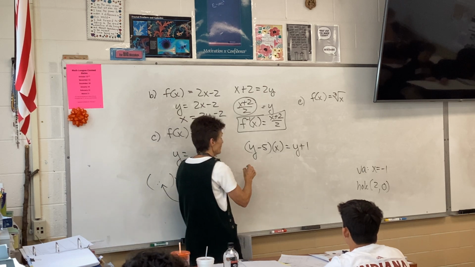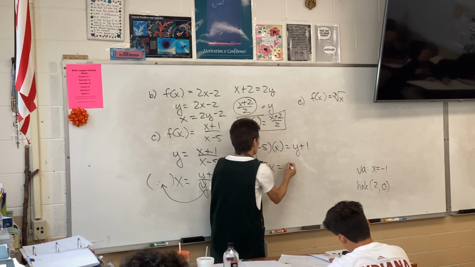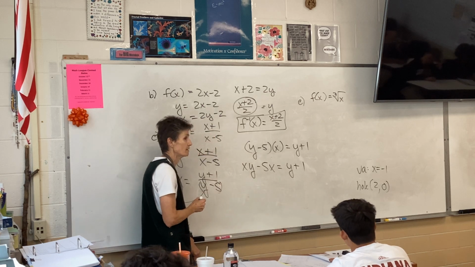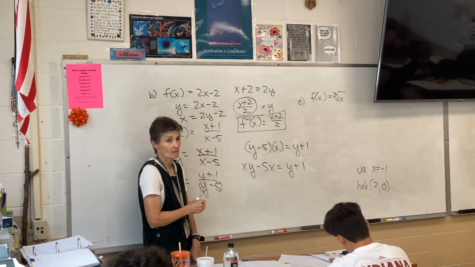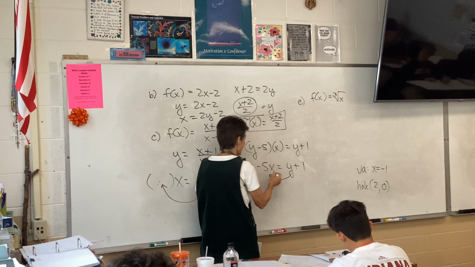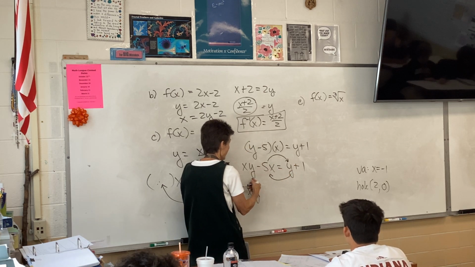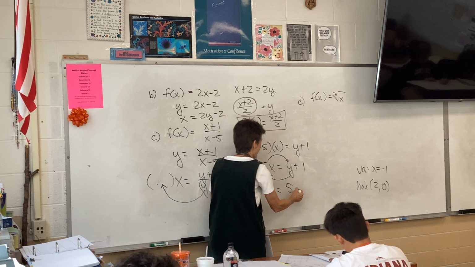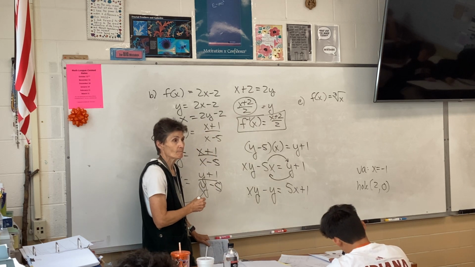Now what do I need to do? I need to distribute. And then here's the step that sometimes we forget. We need to get all of the y's on the same side. So this is coming over here, and this is coming over here. So xy minus y equals 5x plus 1. Right?